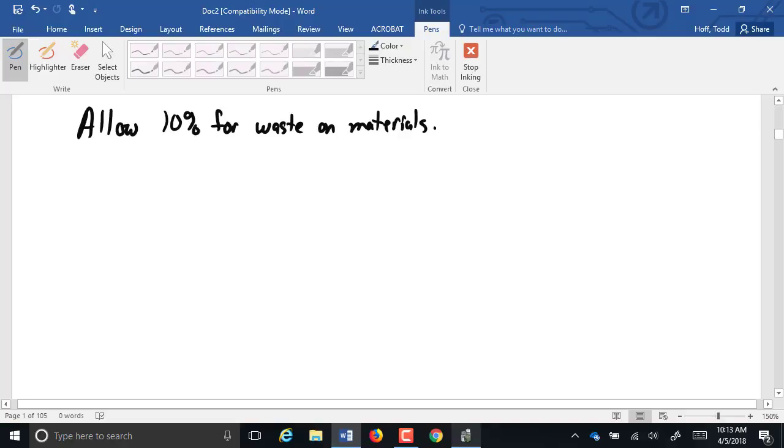It could be cloth for making something, could be wood for building something. Let's say you calculate $950 for materials.